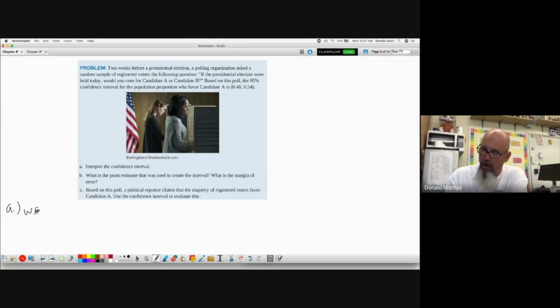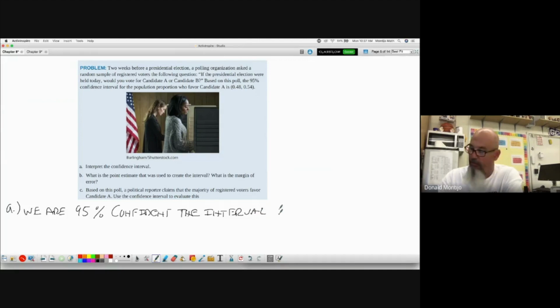Well, we are 95% confident that the interval from 0.48 to 0.54 captures the true proportion of all registered voters who would vote for candidate A.